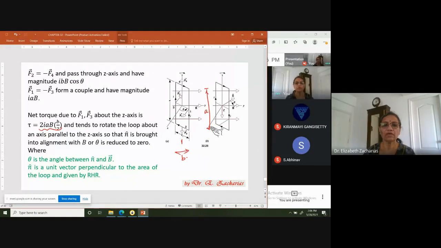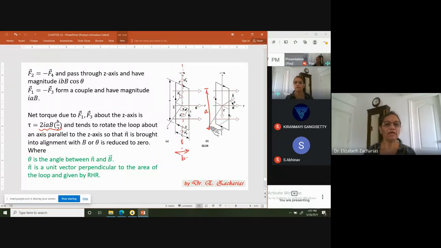The torque will act as if this is the axis of rotation, and you can see that it will turn the frame about this axis.